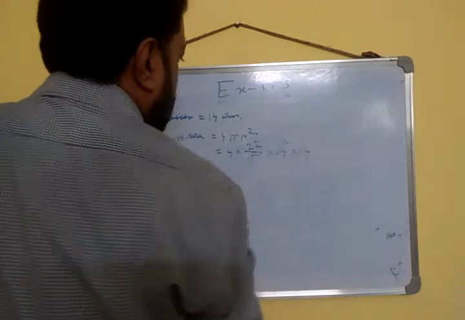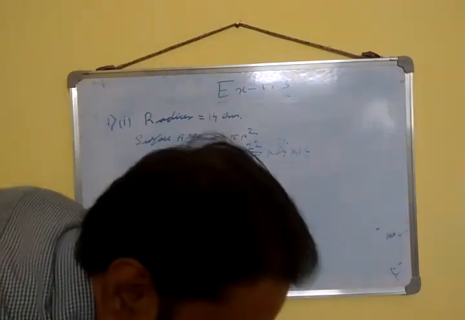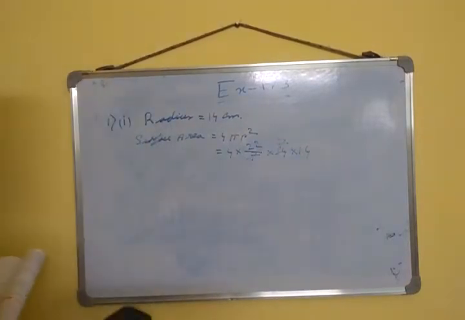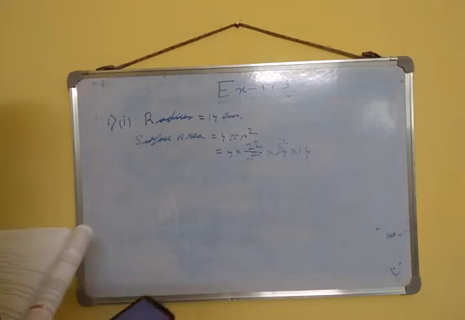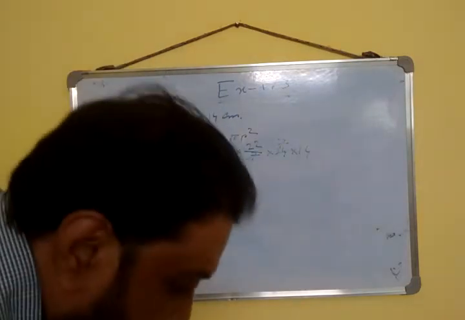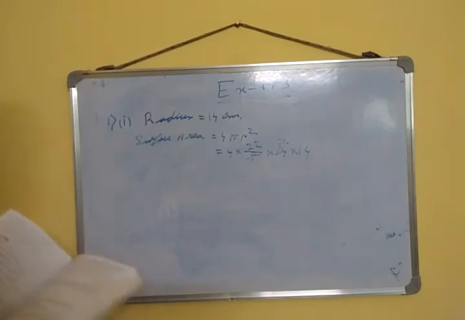So now we are calculating. It will be 4 into 22 into 7 into 14. It is looking like a big one. 4 pi r square, the radius is given. It's a big number actually.